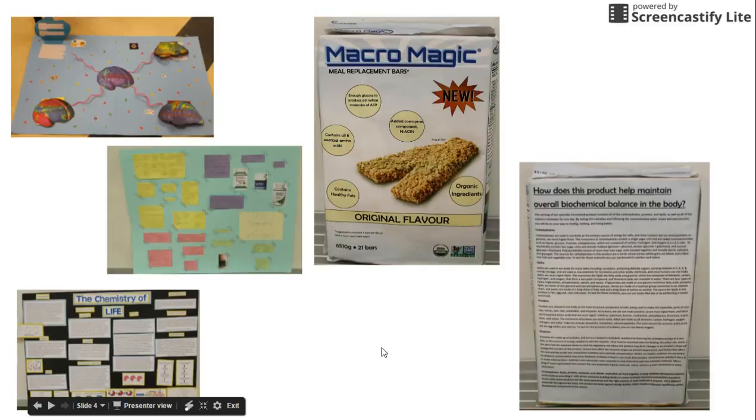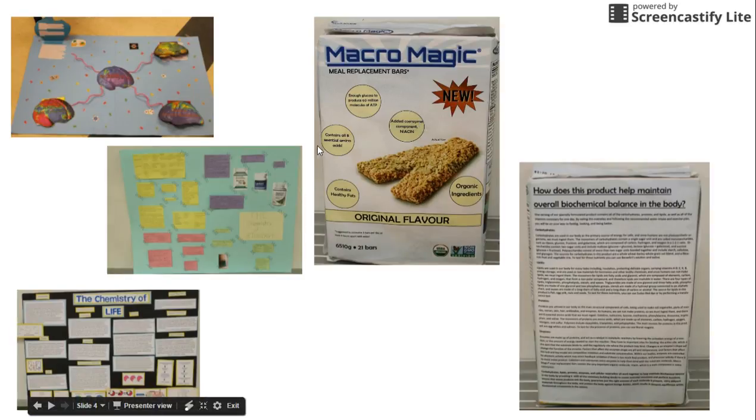Here are some things I have seen: a wonderful informative poster, two informative posters, another one where it was like a game where they had different parts of the brain connected to the major brain, and then underneath there was information and questions. This was what I was talking about when I said a product. Someone had created a label for Magic, which was a meal replacement bar, and it had enzymes and all the macronutrients.